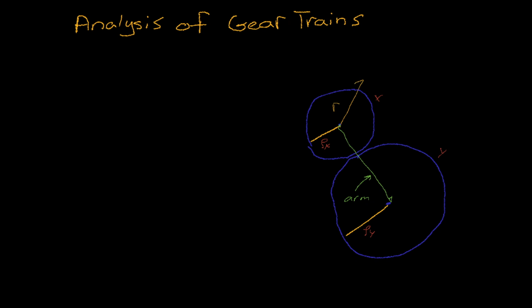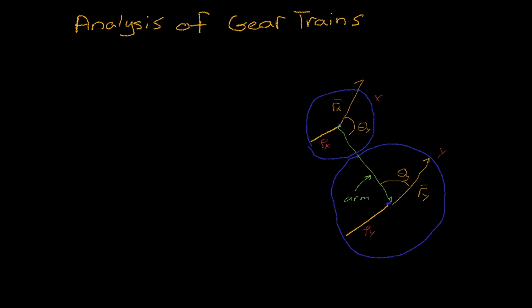We're going to add a vector to X. We'll call that vector Rx, and we will add a vector to Y, and we'll call that vector Ry with the bar over it. And we measure this angle theta Y, and this angle theta X, referenced from the arm.